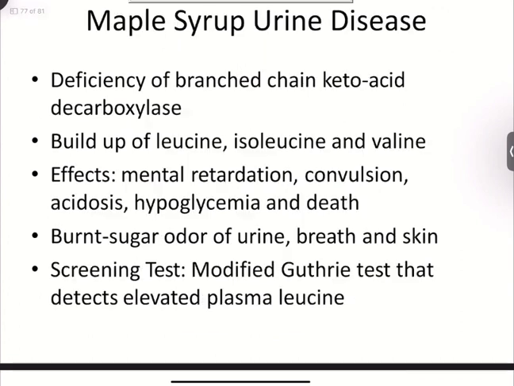Maple syrup urine disease or MSUD, deficiency in branched chain keto acid decarboxylase, buildup of leucine, isoleucine, and valine in your blood. It affects, no, mental retardation, convulsion, acidosis, hypoglycemia, and even death.